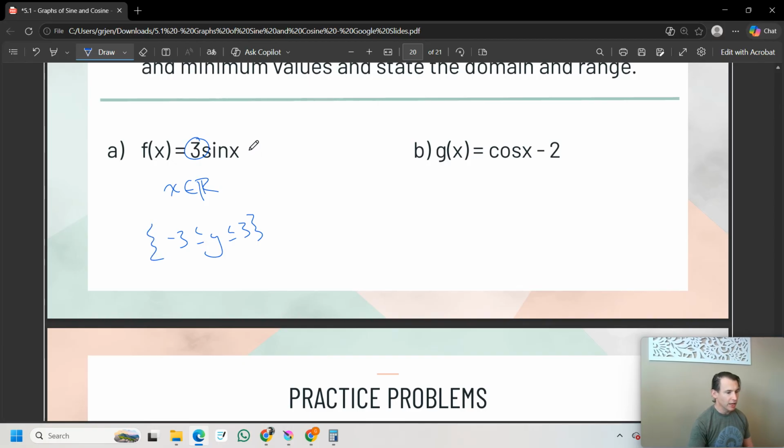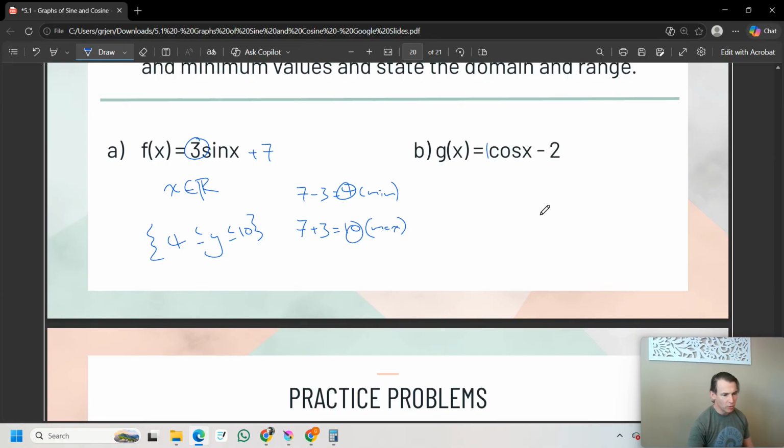If, on the other hand, I had +7 out there, both of these just get bigger by 7. We would have a minimum value of 4 and a maximum value of 10. Because 7 minus the amplitude is 4, that's a min. And 7 plus the amplitude is a 10, that's a max. Okay, so find those, pretty straightforward.